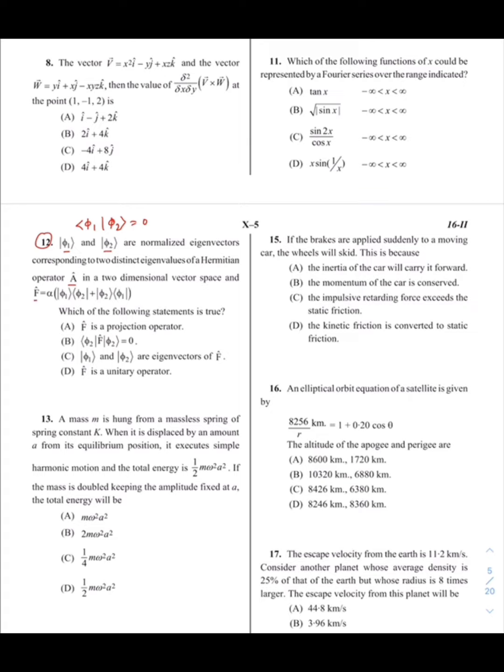Which of the following statements are true? So notice the operator f has phi1 at both the ends. So if we take the inner product with respect to phi2, this term will go to 0. The same thing happens in the other end where phi2 dot phi1 is equal to 0. So option B is the correct answer.